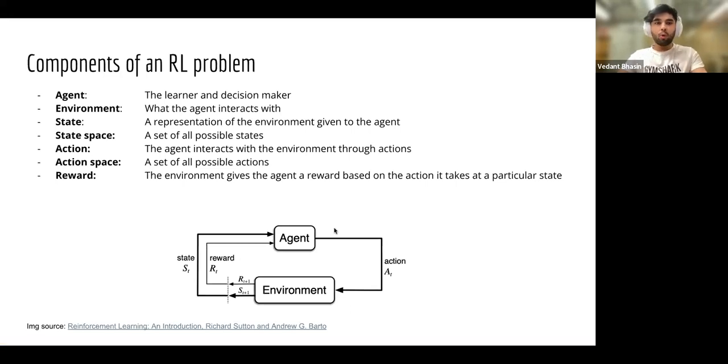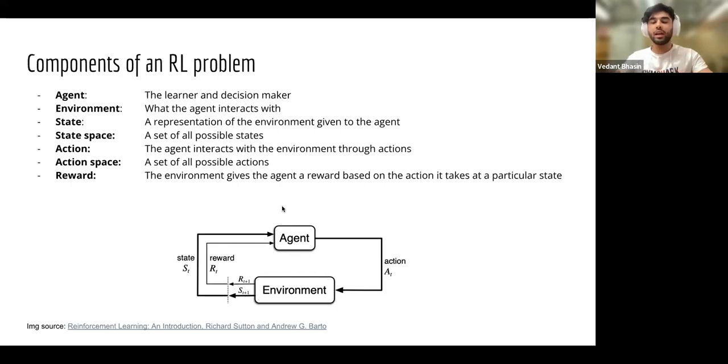So these are the key components of a reinforcement learning problem. We have the agent, which is the decision maker, and the agent is what's learning here. We have the environment, which is what the agent is interacting with. We have a state, which is a representation of the environment, which is given to the agent. A state space is just a set which consists of all possible states.